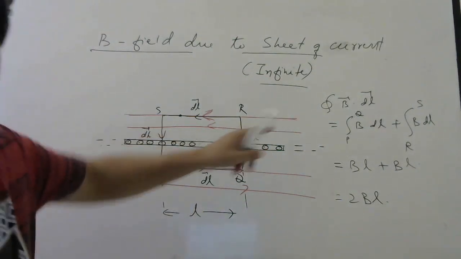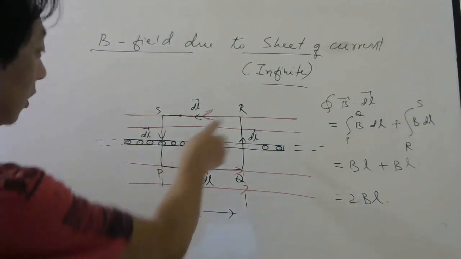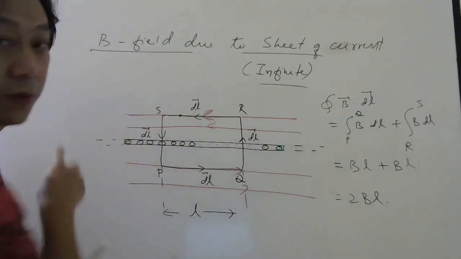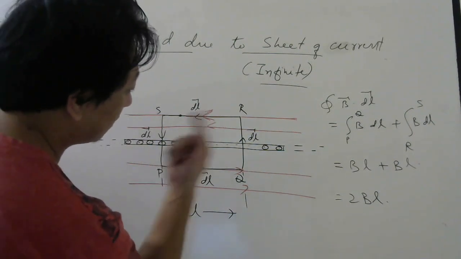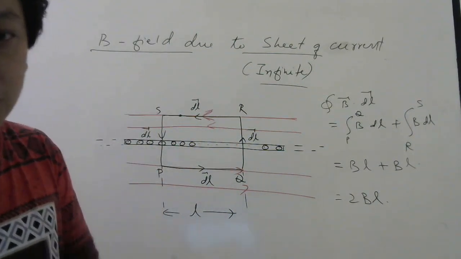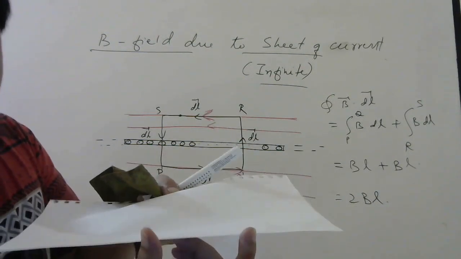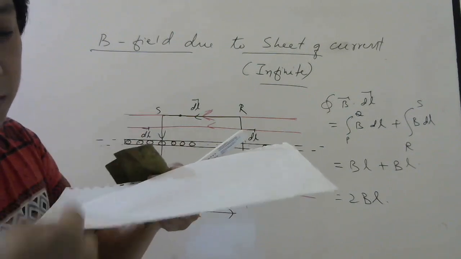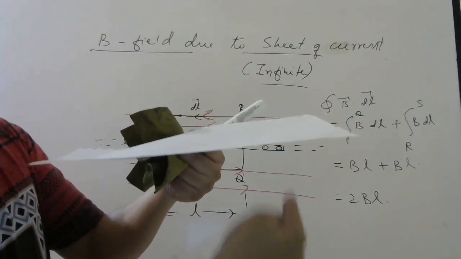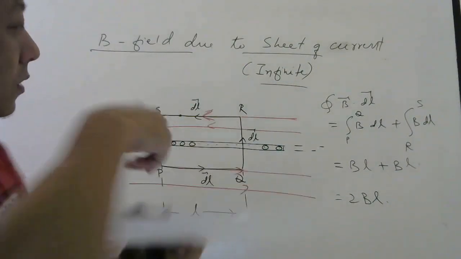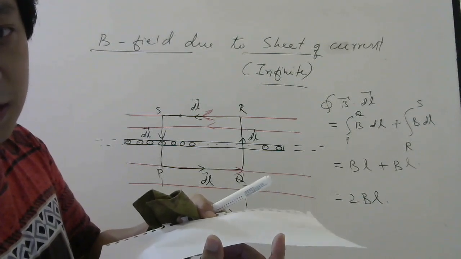So once we have found the left side of Ampere's circuital law, 2BL, now we need to know the current inside this loop. You can see this current is inside, this current is inside, this current is inside. If this is your sheet, the current in this much part is inside this loop, which I have considered. So you can see this much current is inside the loop.